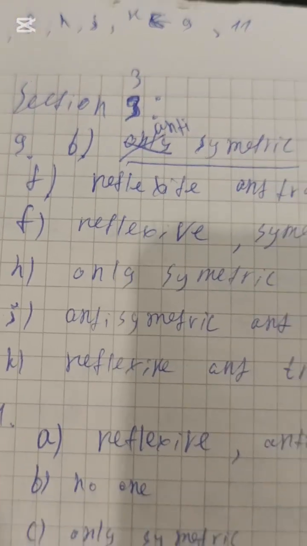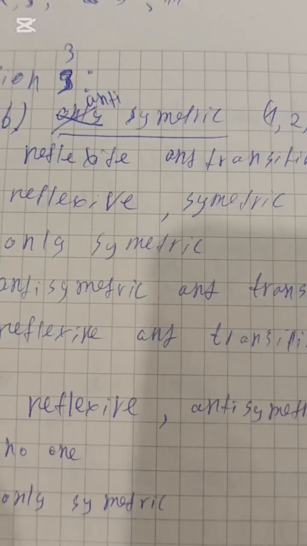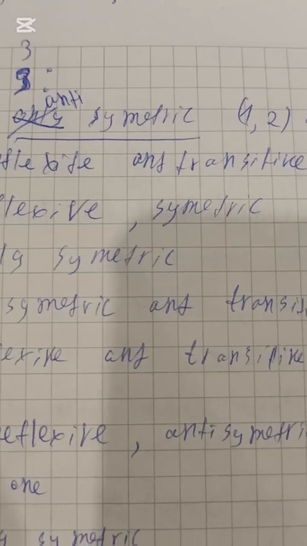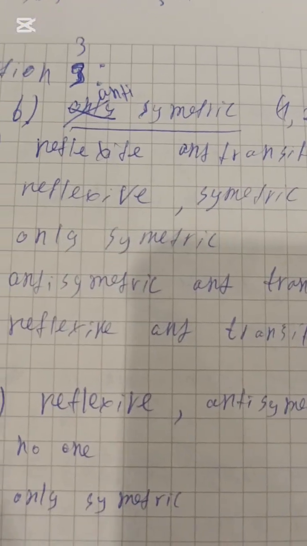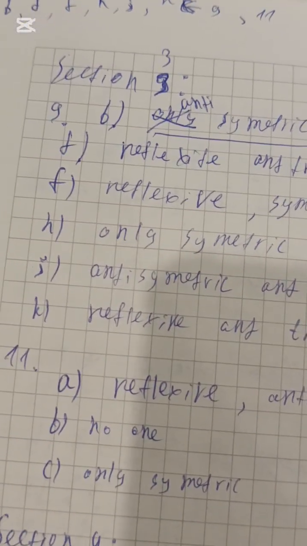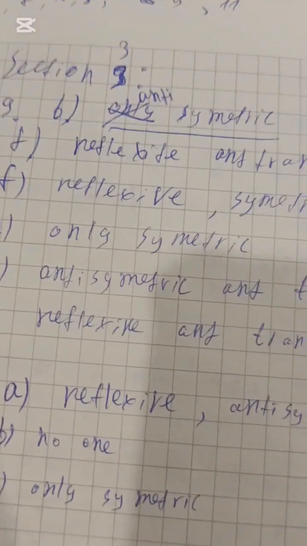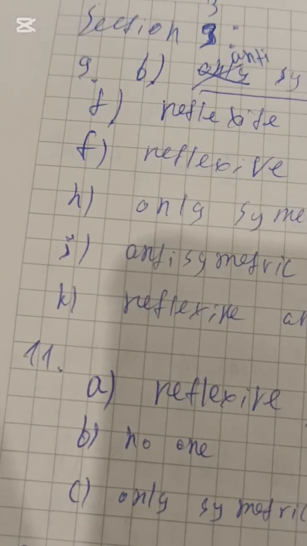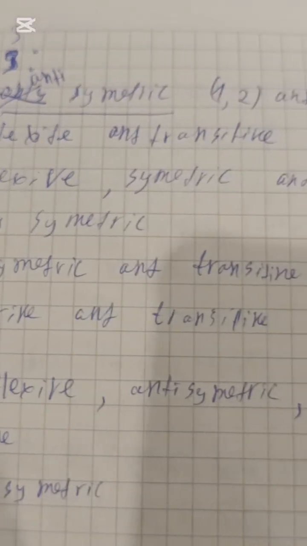Next is H, and it's only symmetric because there are no reflexive elements that repeated. Transitive without chains, sorry, and not anti-symmetric because there are no conflicting elements. And the next is J, anti-symmetric and transitive.